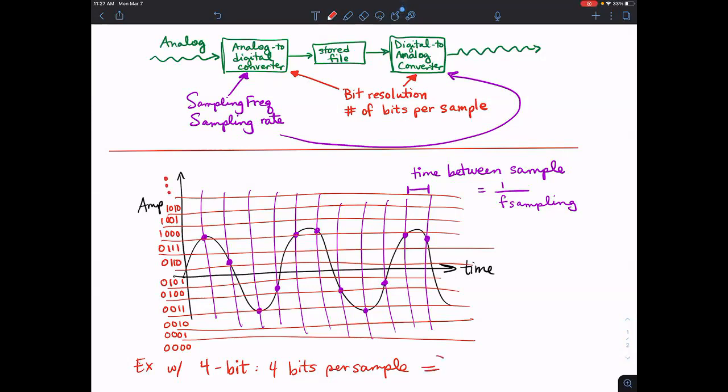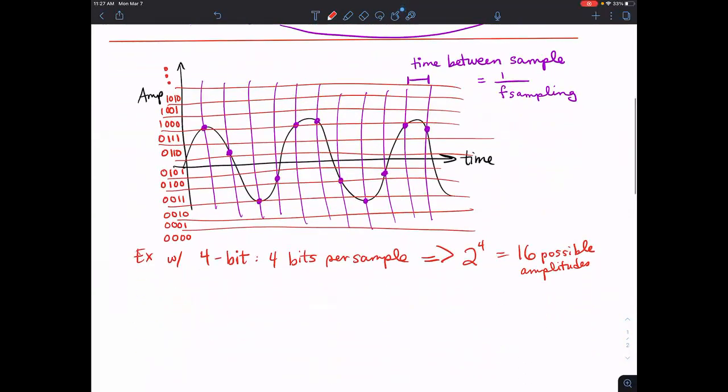For a 4-bit number, there would be 2 to the 4th, or 16, possible amplitude levels, or numbers that can be discretized. Based on my picture here, this first dot would get encoded as 100, this one as 110. This one turned out to be right on the line, but we'll just call it 0010. This one would be 0100.